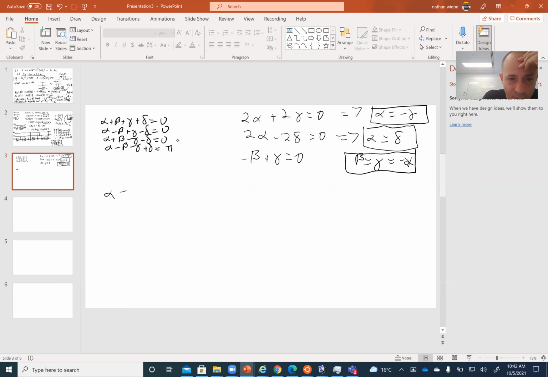So we have negative alpha minus negative alpha plus alpha is equal to pi. So putting these together, we find that alpha is equal to pi by 4.